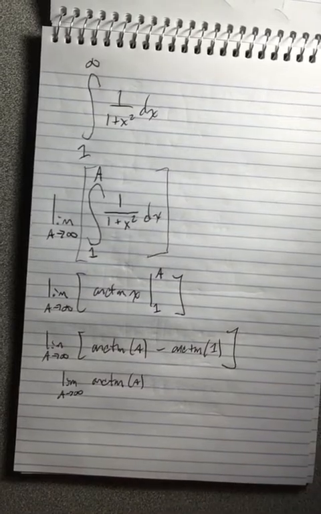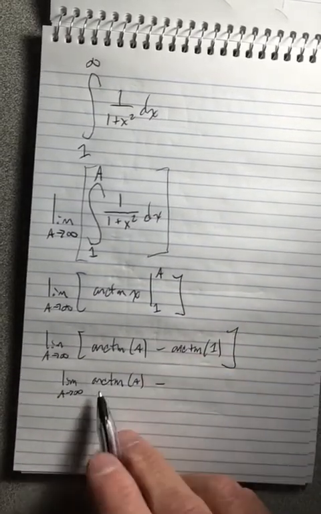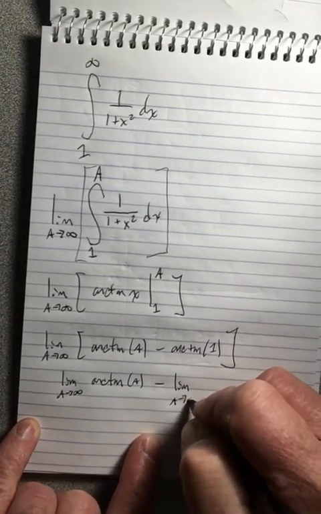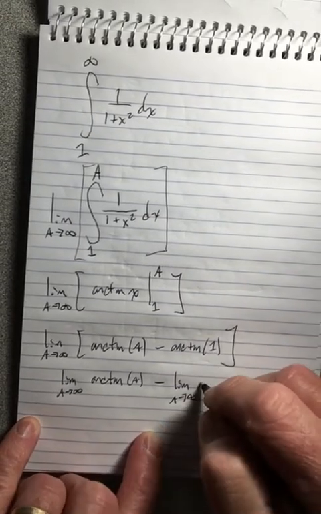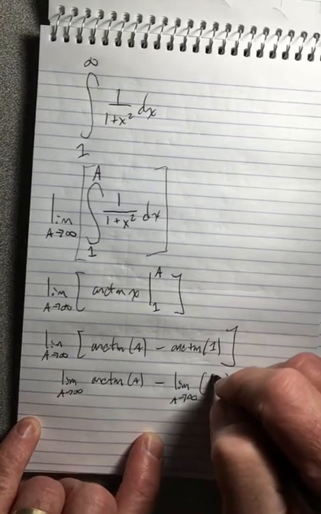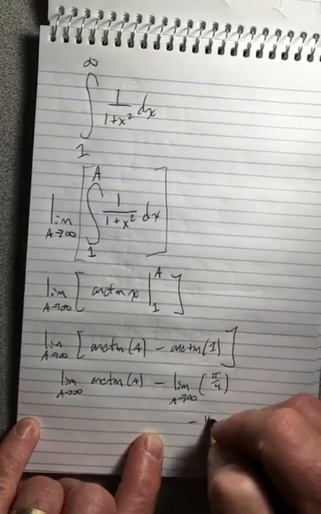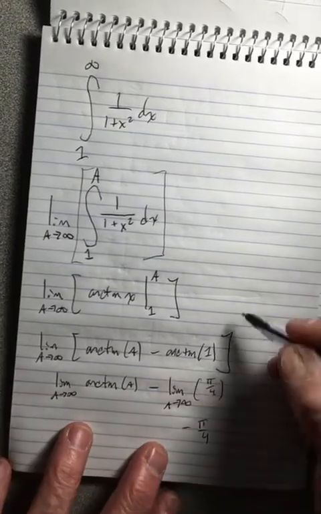Over here, I can bust up limits. I'm taking the limit as a goes to infinity of arctan of a, minus arctan of 1. Arctan of 1 is pi fourths, and the limit of a number is a number, so I have minus pi fourths here. But what's this limit? Well, we need a graph.